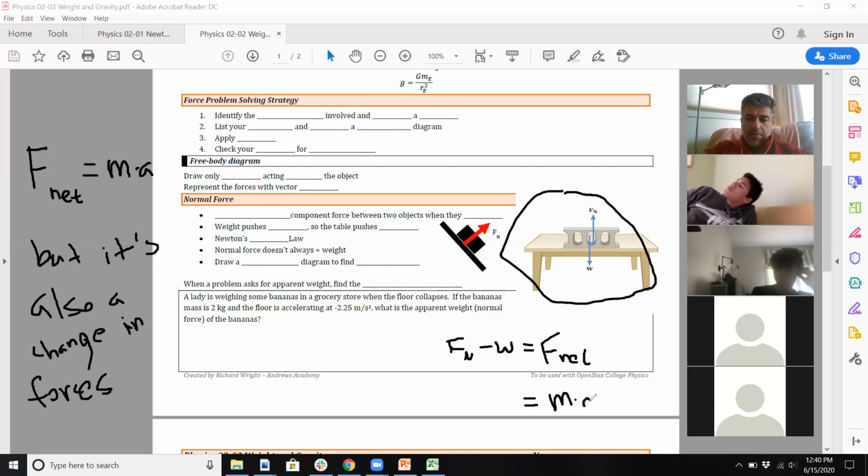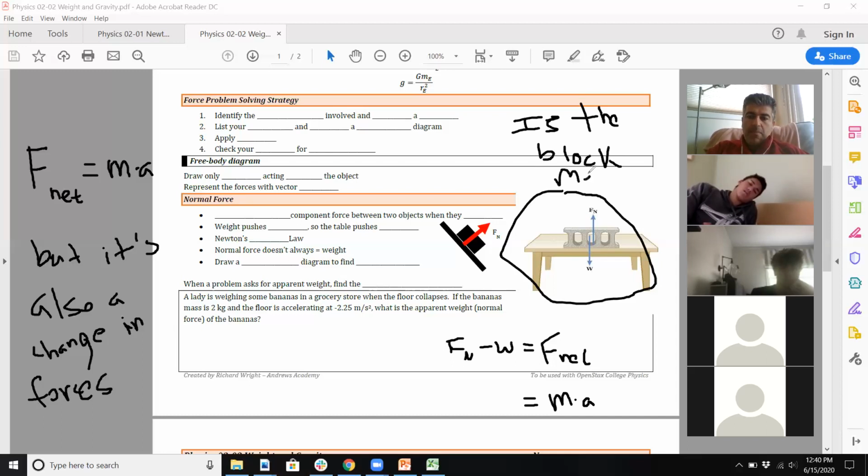Here's the deal though. Is the block moving? So Sean, what do you think here? Is the block moving? No. So what's the acceleration going to be? It's not moving. Yeah, perfect, good.